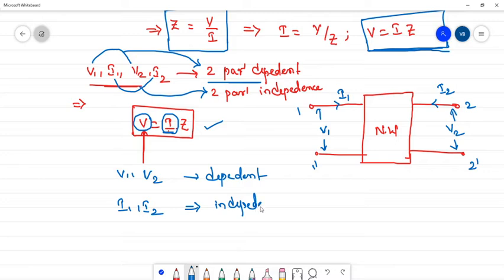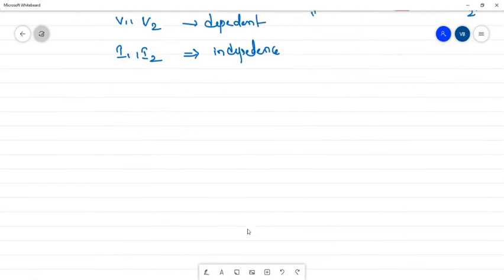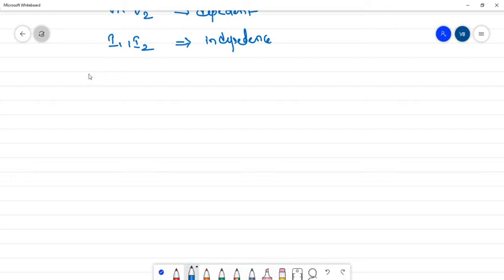You don't confuse dependent, independent. Just remember, we are writing in the format of impedance parameters, in the format of V is equals to IZ. So here I will define one formula for Z parameters, very important.